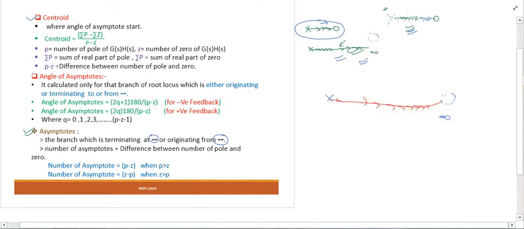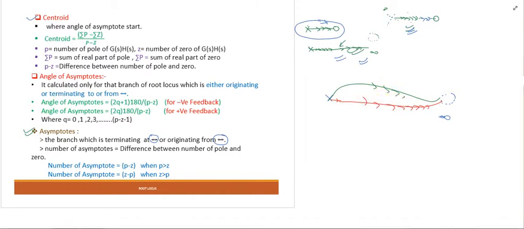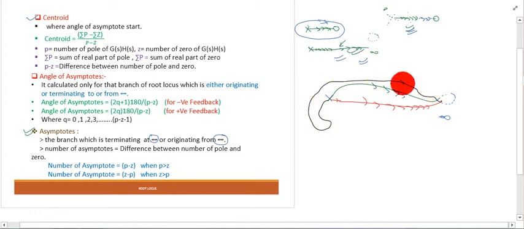Another option is that the branch starts from here, goes like this and terminates at this point. Another possibility is that the branch starts like this and terminates at infinity. Asymptotes are the branches that terminate at infinity or originate at infinity. Here, all the branches originate from a pole and terminate at infinity, but each branch has a different path and a different direction.